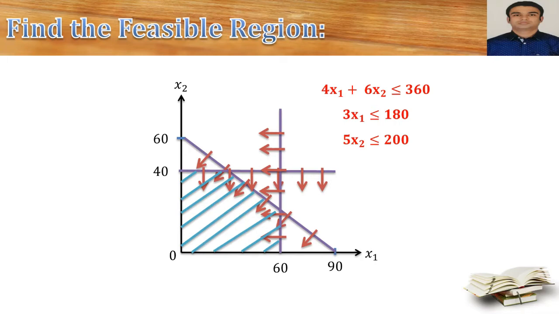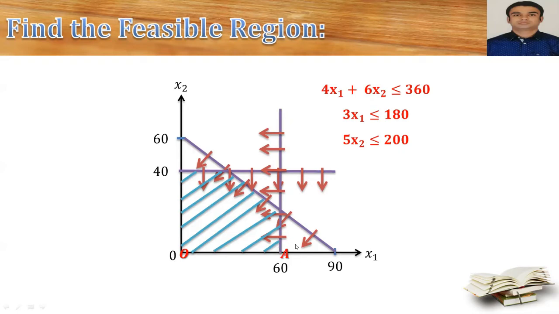After finding the feasible region, mark the corner points, which lie on the boundary of the feasible region. The first corner point is the origin, on the boundary of the feasible region. Mark this point with the name O. The second point is this one.